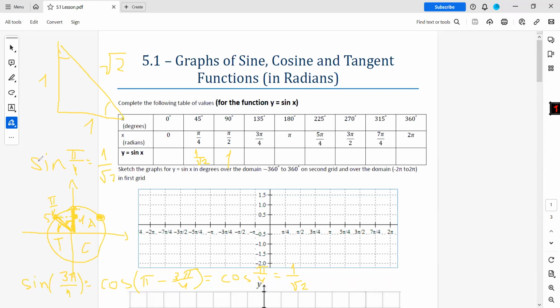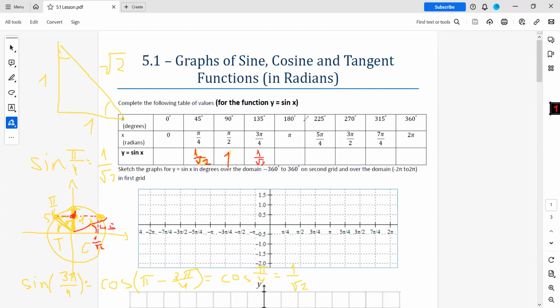The projection on the y-axis is at the same point. And for cosine of 45 degrees, the projection is also 1 over square root of 2. So for 135 degrees, we write 1 over square root of 2. Here's 1, here's 1 over square root of 2.